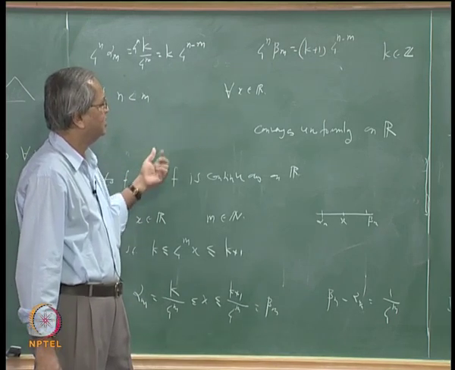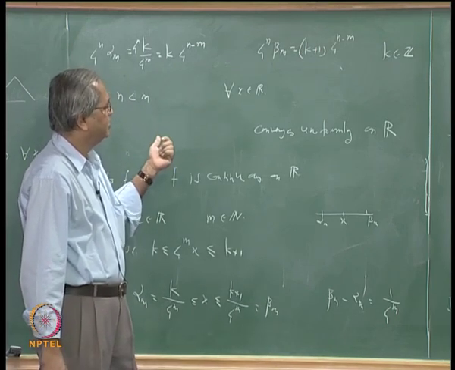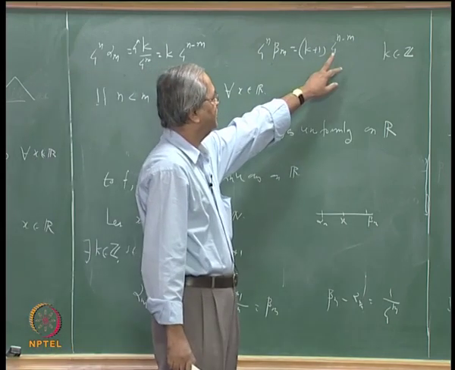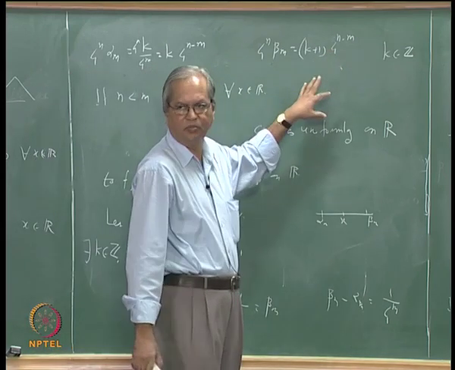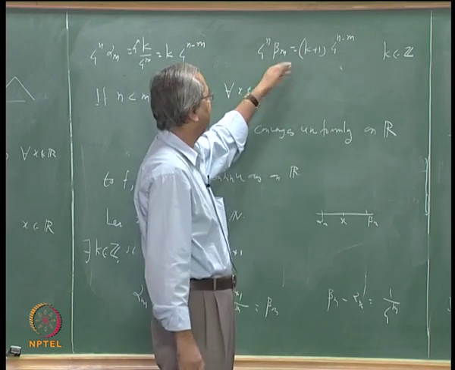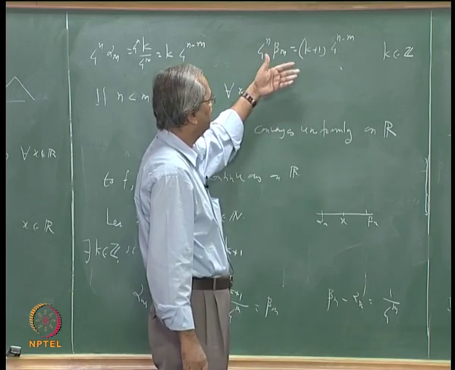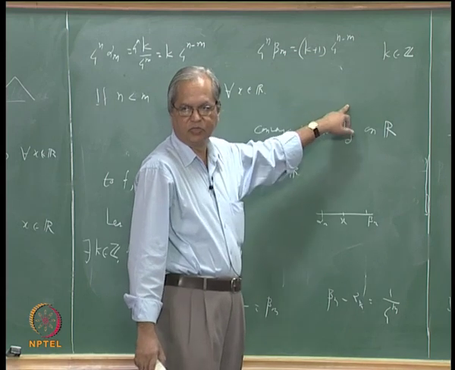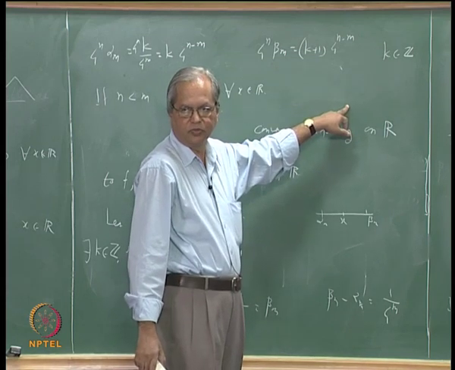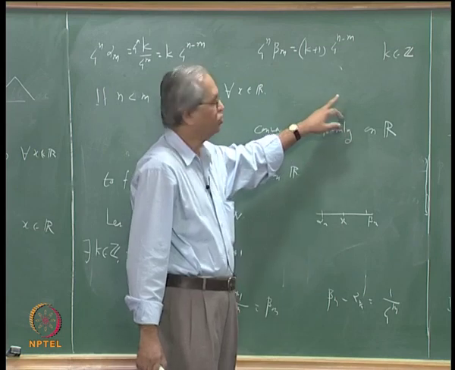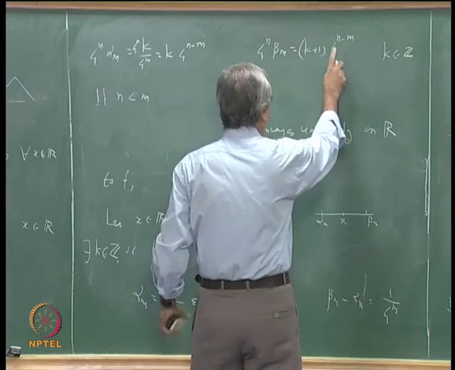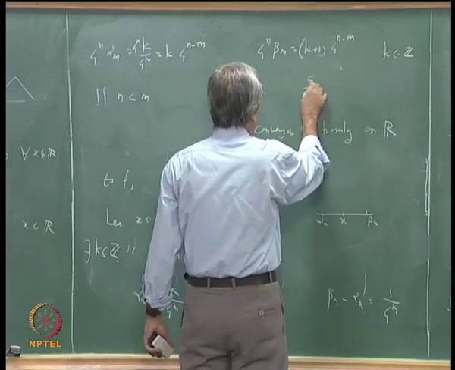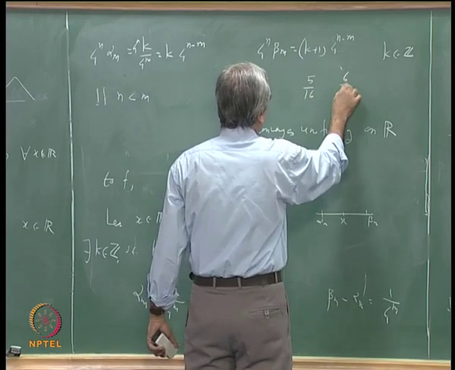For example, let us say n minus m is minus 2, and let us say k is 5. Then this will be 5 by 4 squared and that will be 6 by 4 squared, that is 5 by 16 and 6 by 16.